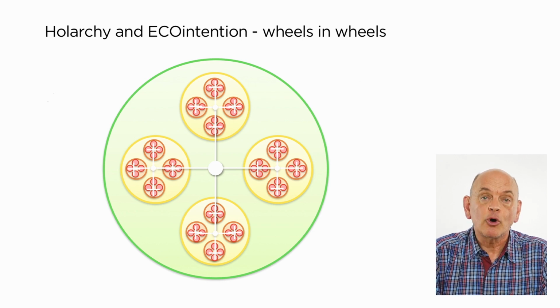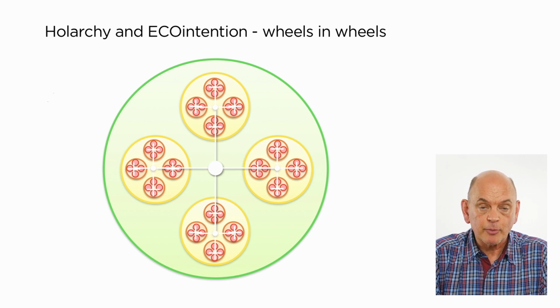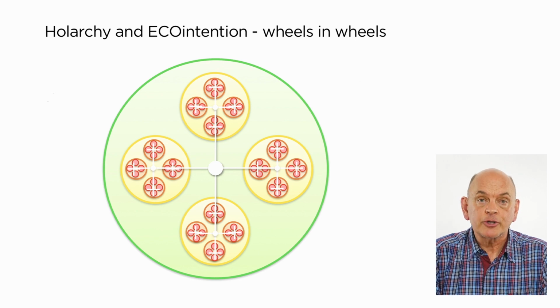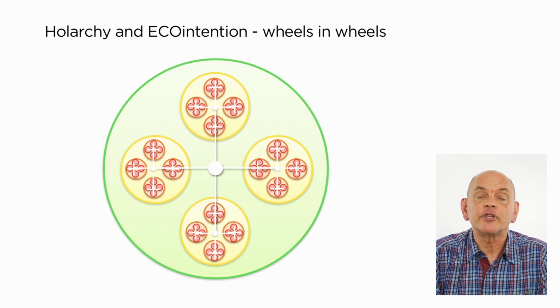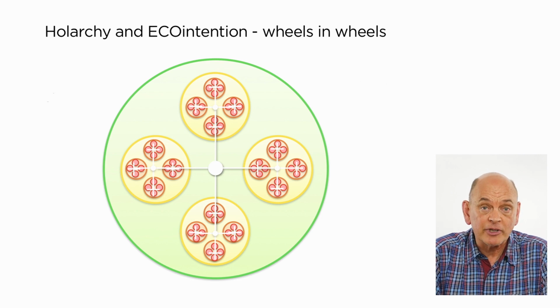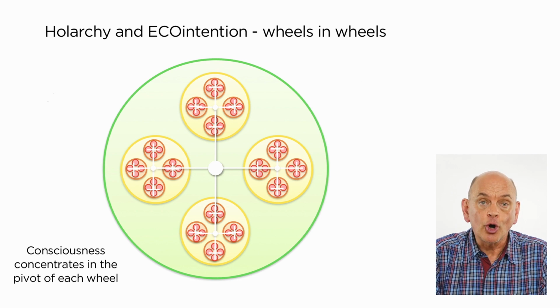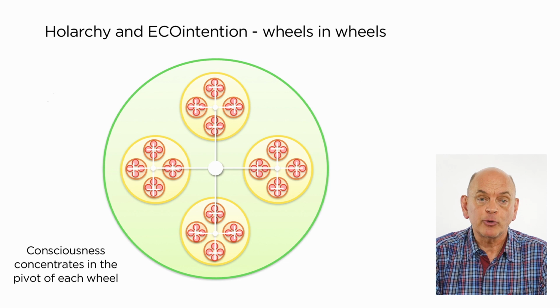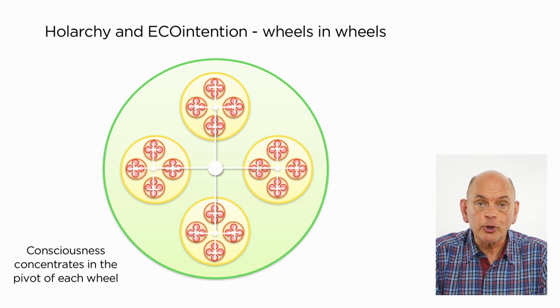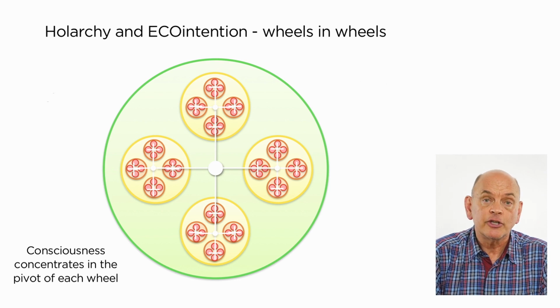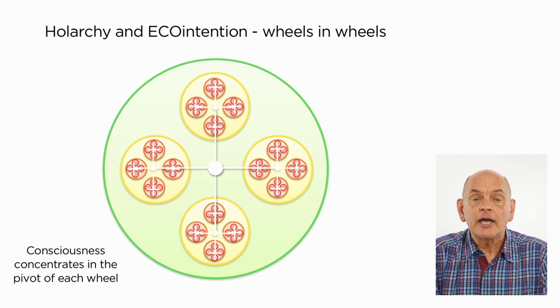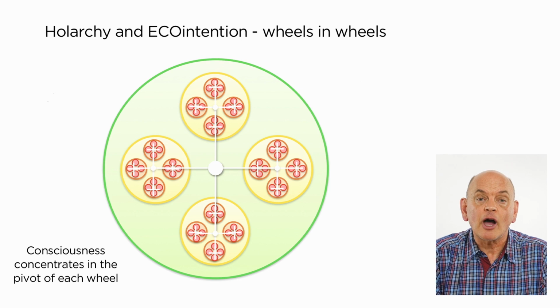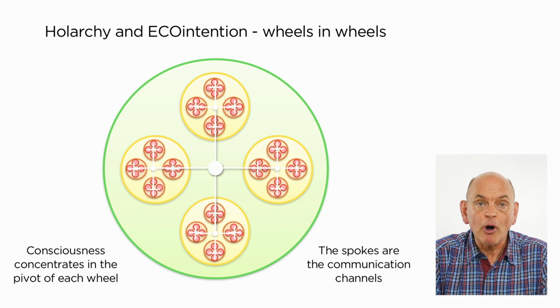We will talk more about this in later clips, but in the wheel we also will see that the consciousness, which is also connected with a company, with the animal, whatever, concentrates in the pivot of the wheel. But each circle is a smaller wheel, so the cells have the cell consciousness, the tissues have, and the organs. And all these consciousnesses are accumulating in a larger consciousness. In fact, the spokes of the wheels are the communication channels.